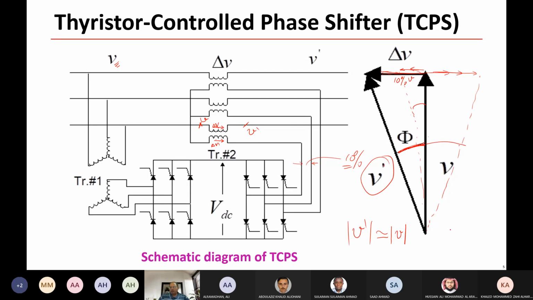So you can have phi, a typical value of phi is between minus 15 degrees to plus 15 degrees. So you can make a phase shift, using this thyristor-controlled phase shifter, by around 15 degrees. Okay. Any question?